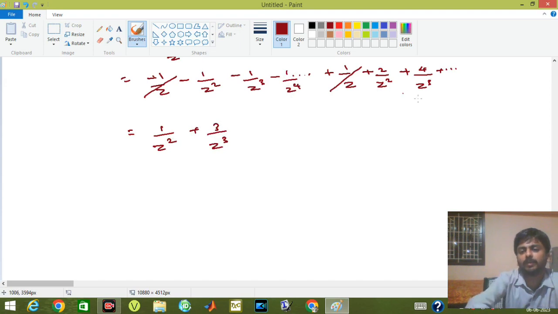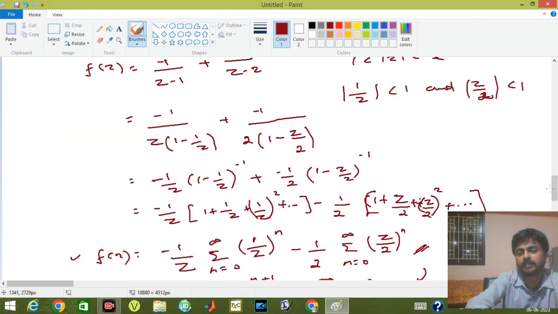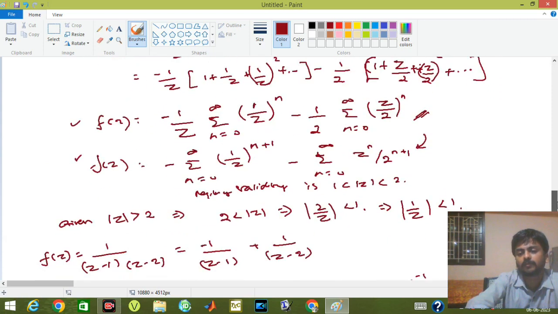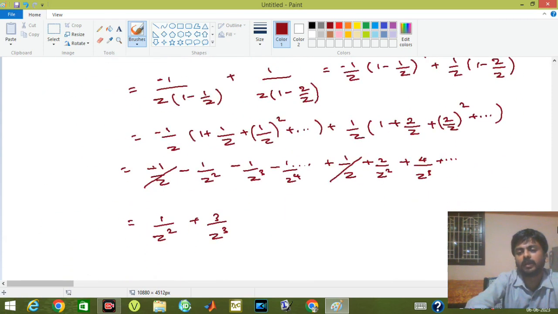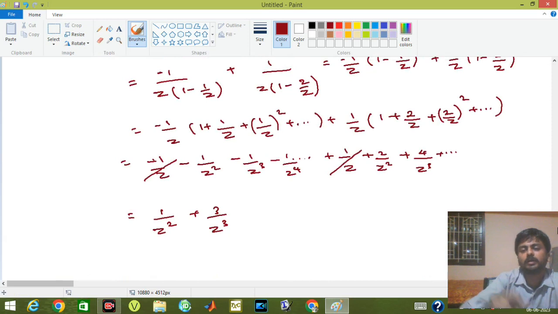What will be the next term? The next term will be 2 by z whole cube.